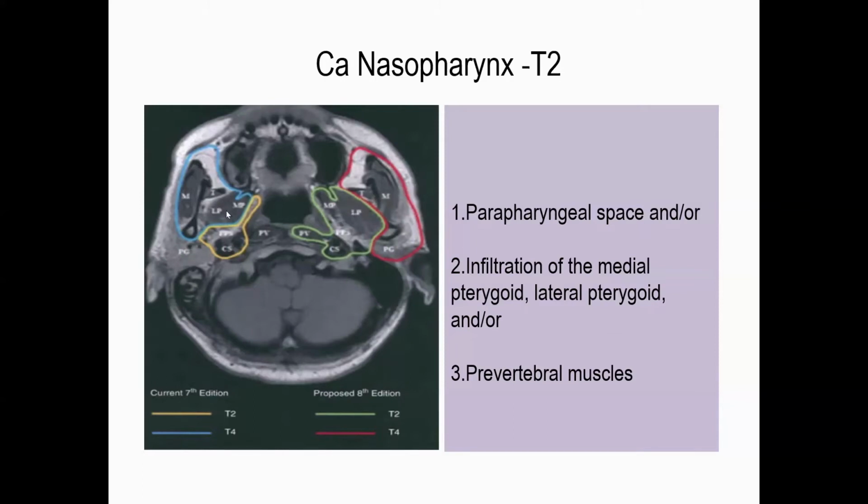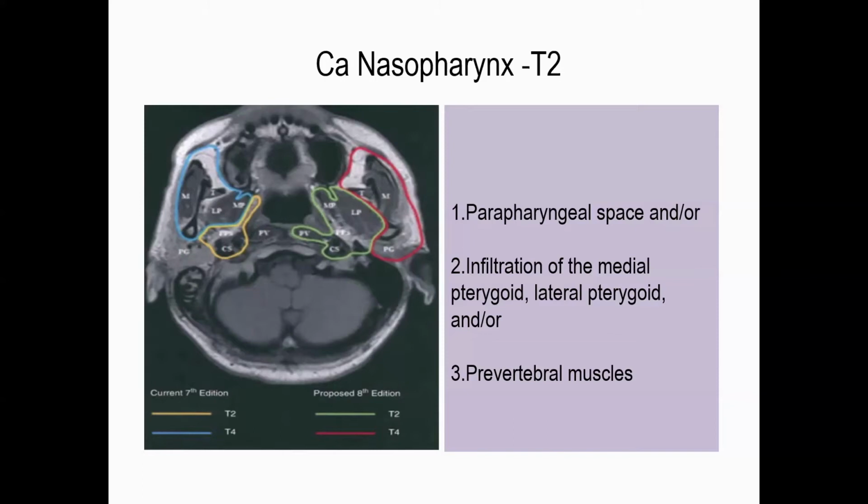So medial pterygoid and lateral pterygoid involvement is only T2 and not T4. For the prevertebral muscles, we have to be very clear: prevertebral muscle involvement in nasopharynx is T2, whereas prevertebral muscle involvement in larynx and hypopharynx is T4b.